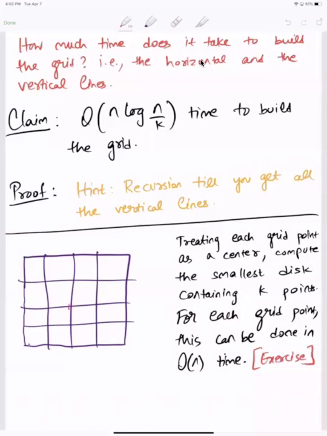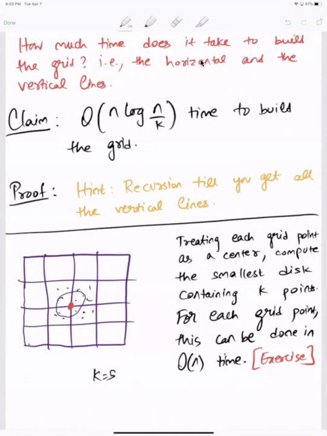So we take every grid point here, and let's say k is again 5. Here the points are dispersed like this. Now you have to find, with this red point as the center, the smallest disk which contains 5 points, which I believe might be this.